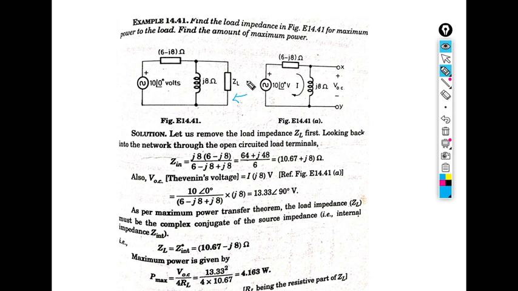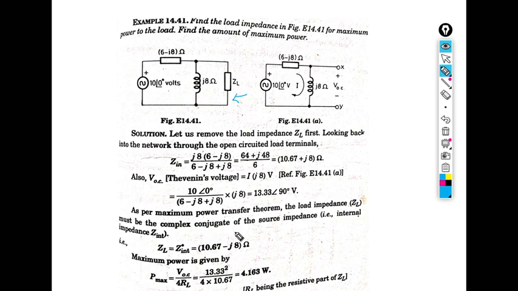Now, what is the ZL to send the maximum power? We have seen that Zin is equal to 10.67 plus J8 ohm. So ZL should be the complex conjugate of this term, which is 10.67 minus J8 ohm.